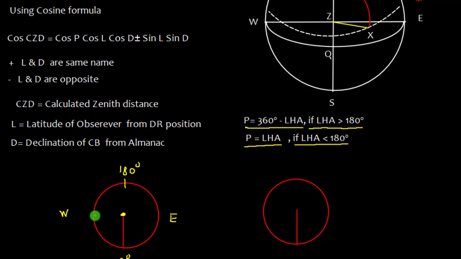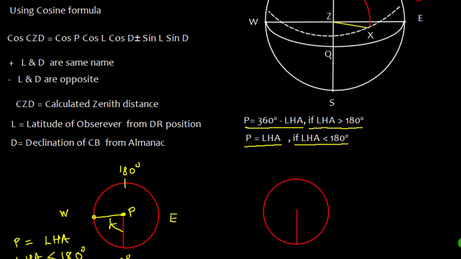Suppose you are having the celestial body here, so this arc is nothing but LHA, and this is also angle P. Well, this is pole, so P is equal to LHA when LHA is less than 180 degree.